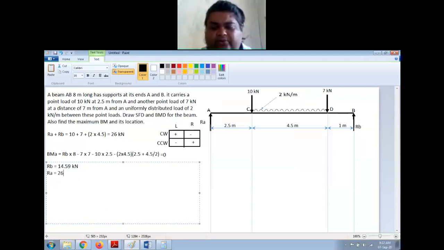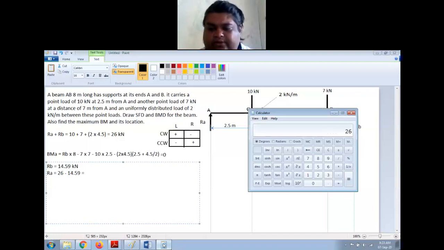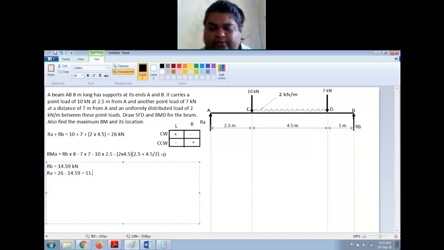RA will be equal to 26 minus 14.59, which is 11.4 kilonewton. Now I have found the values of the support reactions.